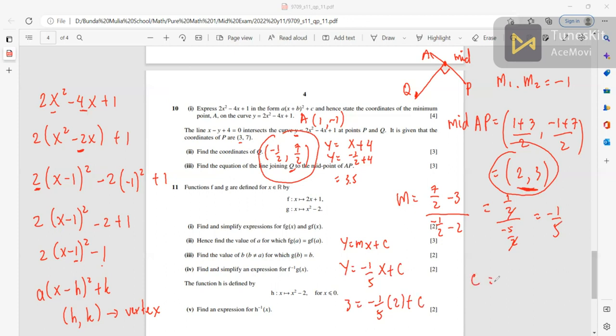So c equals 3 plus 2 over 5, which should be 17 over 5. So I have the equation of the line: y equals minus 1 over 5 x plus 17 over 5. That is for number 10.